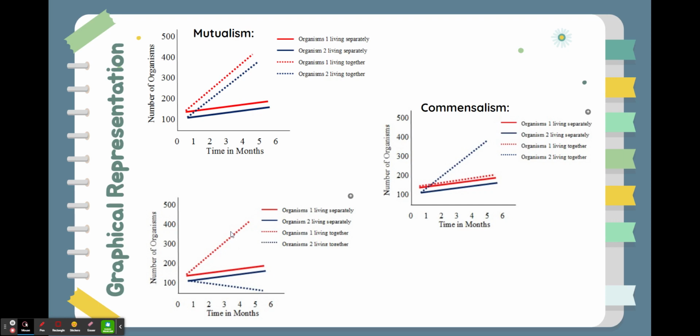So organism 1 is obviously benefiting from this relationship, while organism 2, we're seeing a decline in the population. The number of organisms does go down over time. So organism 2 is harmed by the relationship. Organism 1 is benefiting, making this relationship parasitism.